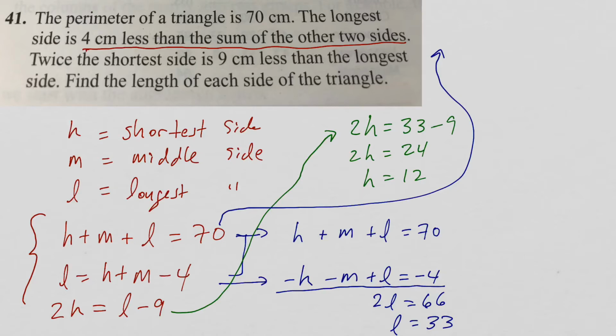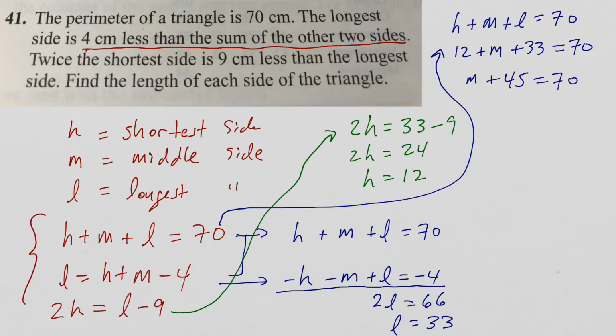So I have H and I have L, and now I need M. H plus M plus L equals 70. So 12 plus M plus 33 equals 70. M, combining like terms, M plus 45 equals 70. So M must be equal to 70 minus 45, which is 25.